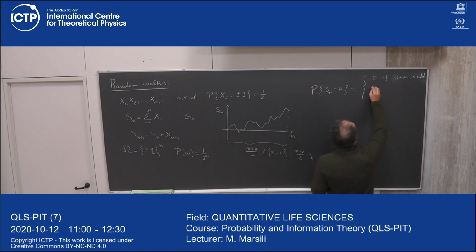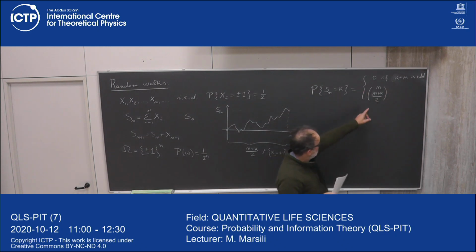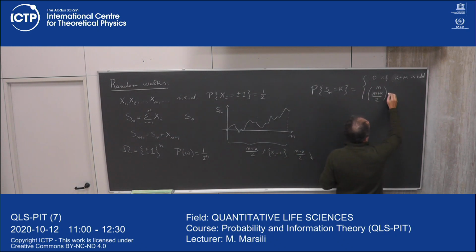So the probability that you are in this position must be equal to the number of ways in which you can choose these many steps up out of n steps, times the probability of each path, which is 2 to the minus n.